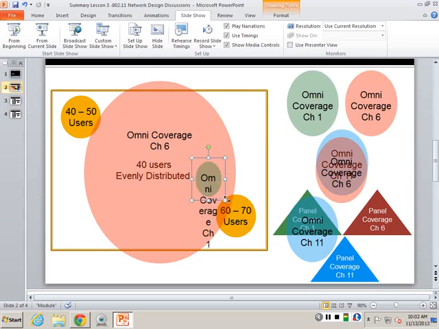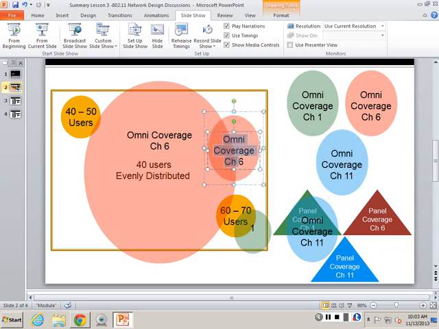Where did you put 1? We put one kind of off to the back there. One down in the corner. So, like that? Roughly. Channel 6, right to the left of that. 11 where?